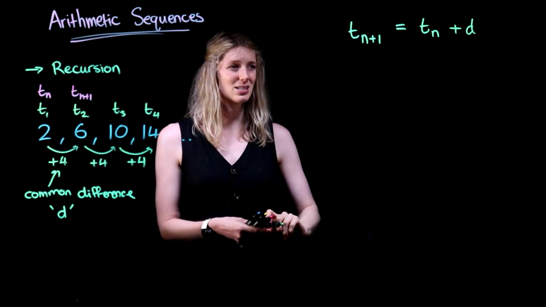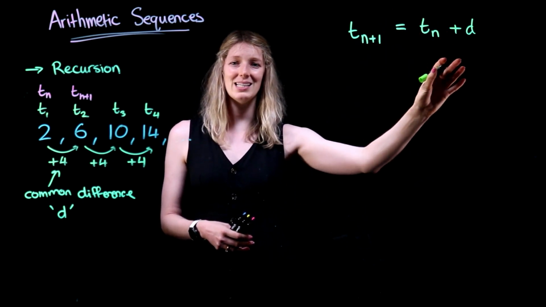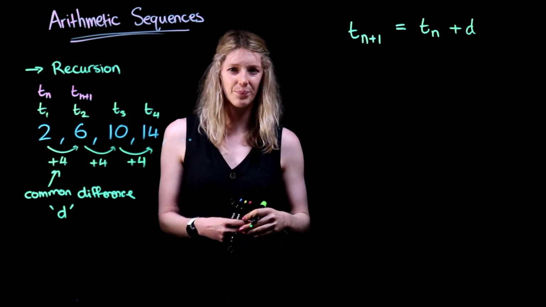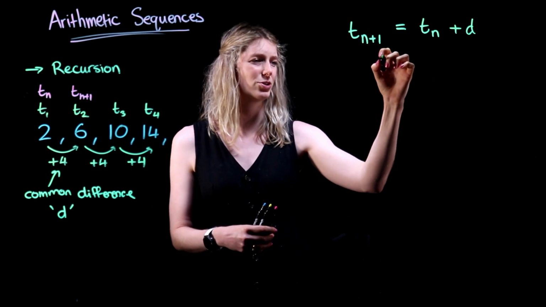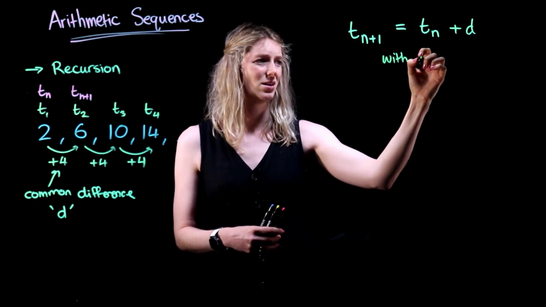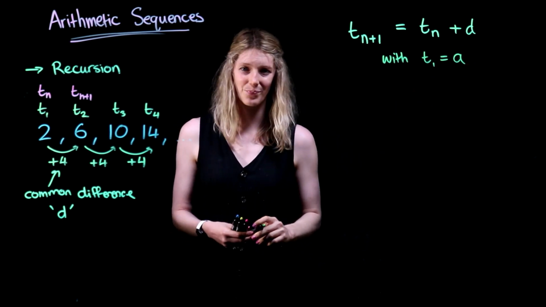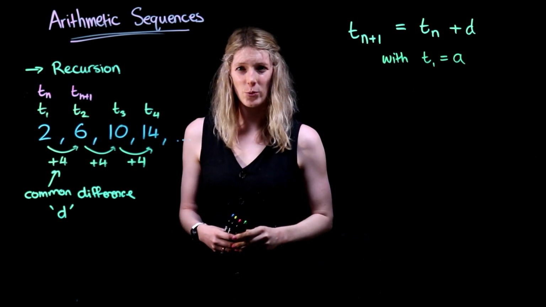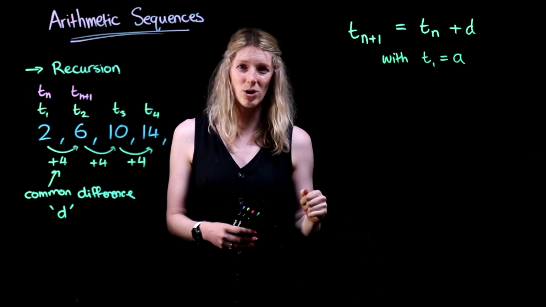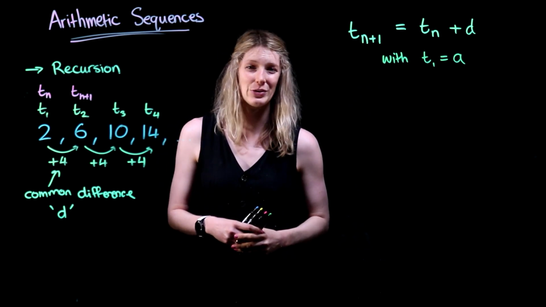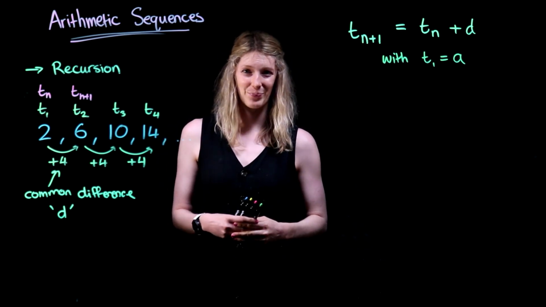One thing we also need to consider when we are defining this sequence using recursion is we also want to indicate what value term 1 is. Sometimes you're going to see term 1 being defined just as T1. Sometimes you're going to see it defined using the variable a.